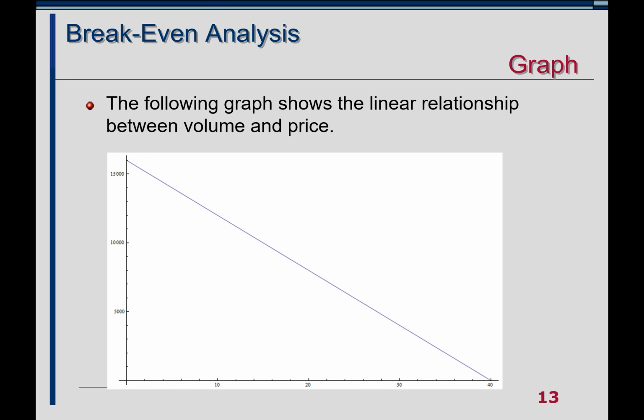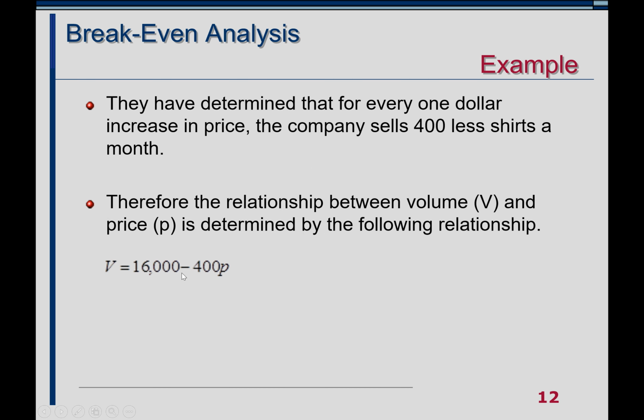Okay? So the following graph shows the linear relationship between volume and price. The higher you sell something for, the less of them you sell. Now, this model is probably not completely accurate across the whole price range. In reality, if you were only selling this for $1, you could still probably sell all 16,000 of them.